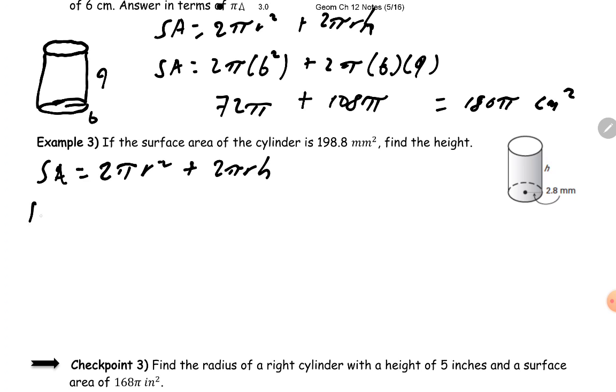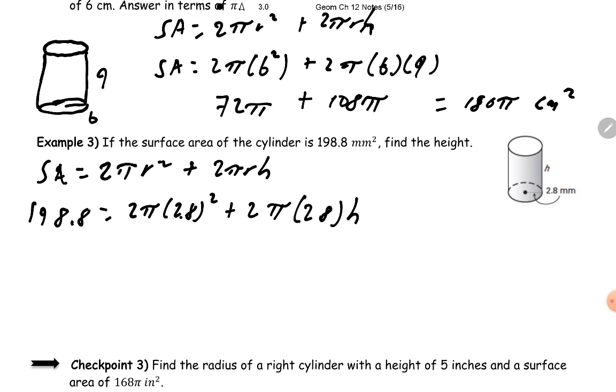So they tell us that 198.8 equals 2 pi times 2.8 squared, plus 2 pi times 2.8 times h, which is what we're looking for.